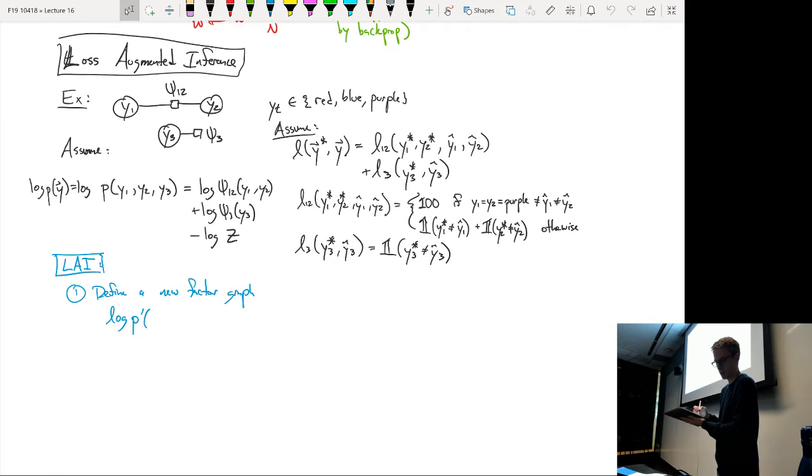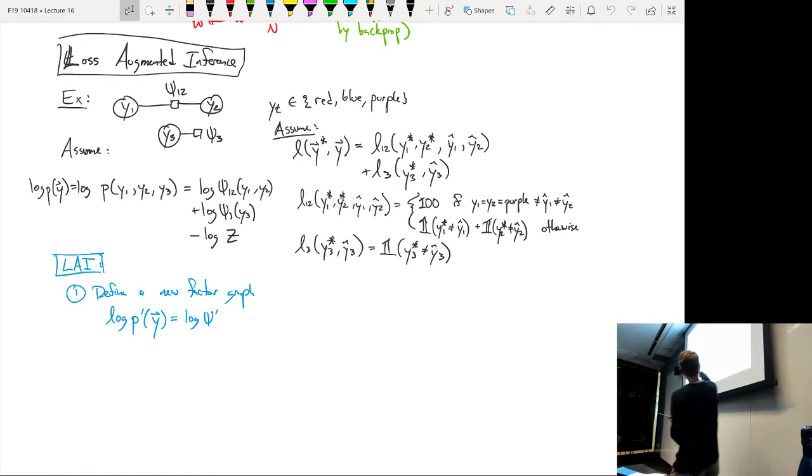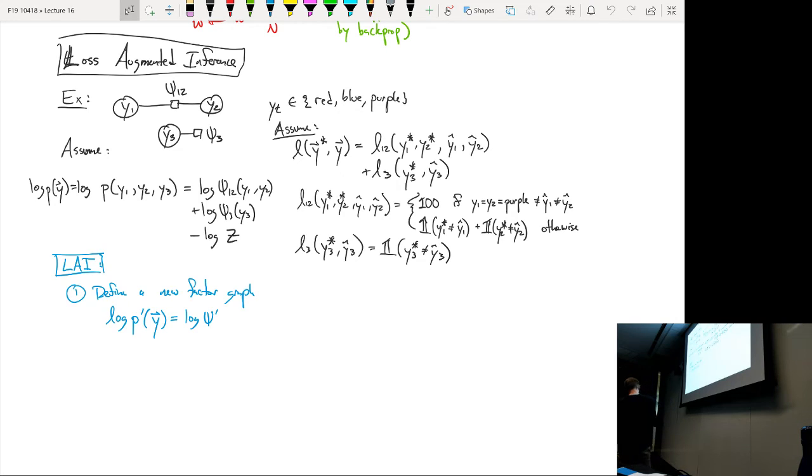So it's the log probability of some vector y, which is y1, y2, y3, and that's given by the log of psi prime 1, 2 of y1 and y2 plus the log, it's the same form as above, of psi prime 3 of y3 minus the log of z prime.